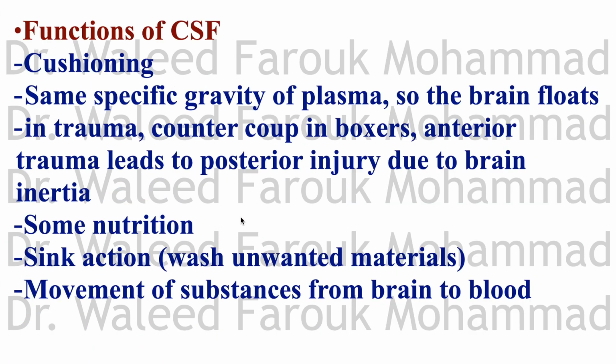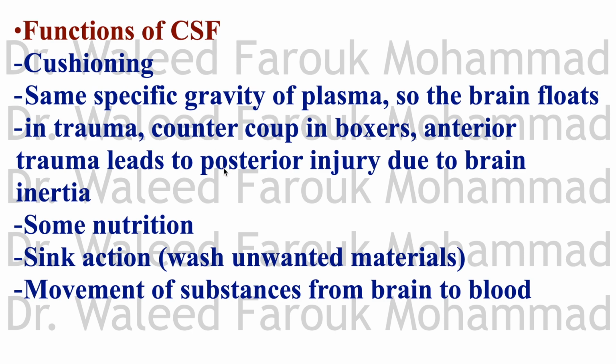Functions of CSF: because it lines the brain and covers the brain from the outside, it has a cushioning action. It has the same specific gravity as plasma, so the brain floats in it. We mentioned that before. For the brain to maintain its shape, it's essential for the function of the brain.